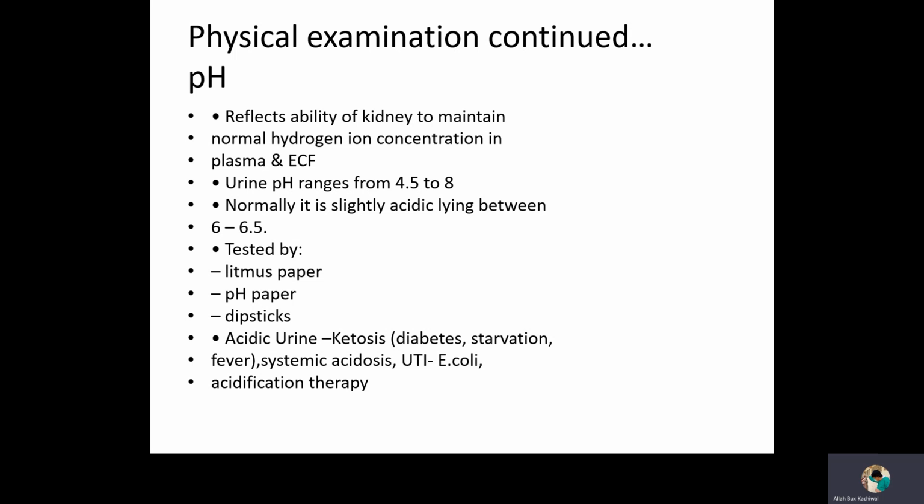It is tested by litmus paper, pH paper, or a dipstick. Acid urine, like ketosis, can be observed in diabetes, starvation, fever, systemic acidosis, UTI infections such as E. coli, or acidification therapy may cause this acidic urine.